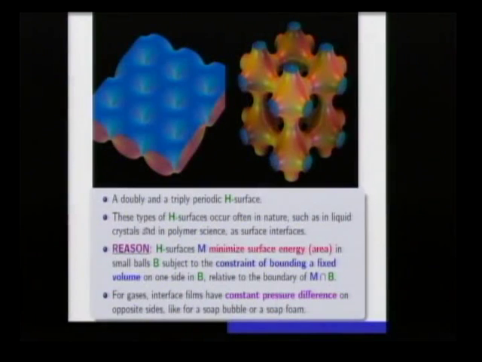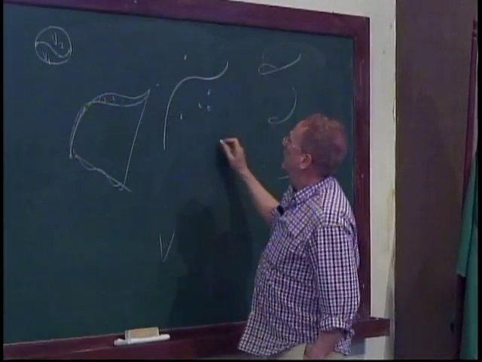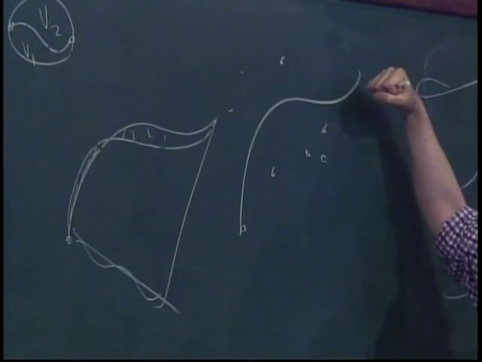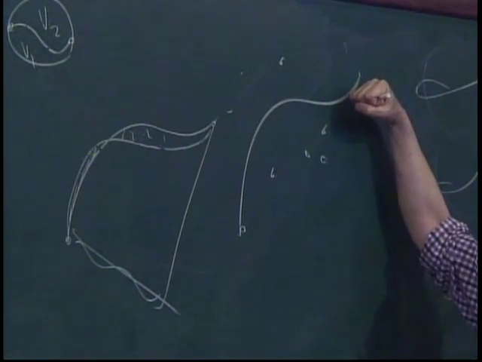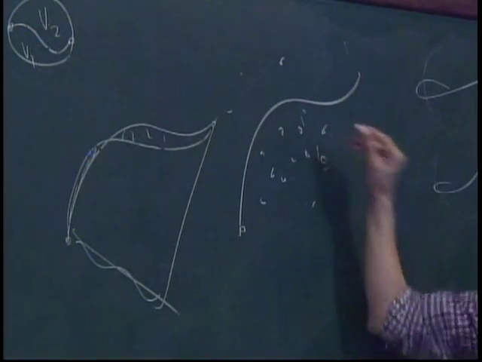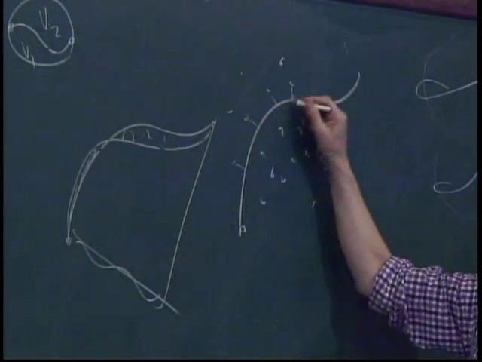And then, of course, for gases, when you have soap bubbles, it means the pressure. So here's our soap bubble, and you have molecules on both sides. Surface tension wants to make it pull tight, to be zero mean curvature, but maybe you have more molecules on one side, so they exert a force that pushes out.